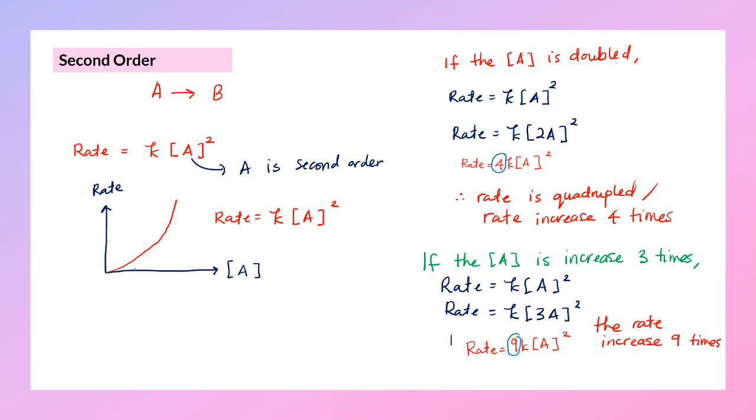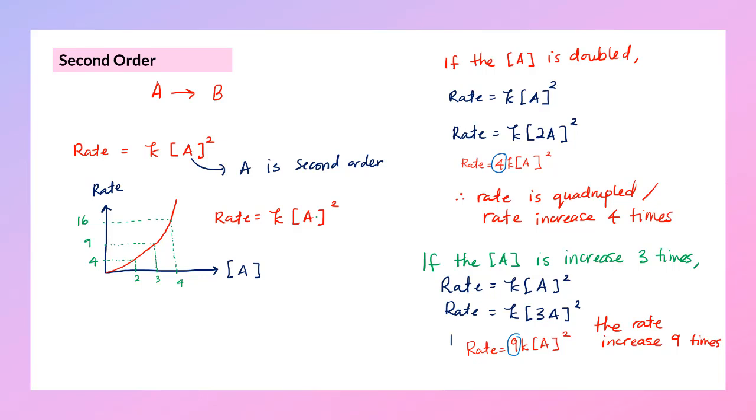Let's say the concentration of A is doubled, so the rate is quadruple. If the concentration of A increases 3 times, the rate increases 9 times. If we increase the concentration of A 4 times, the rate increases 16 times. I hope you will understand after this. Okay, so we are settled with rate law for second order.